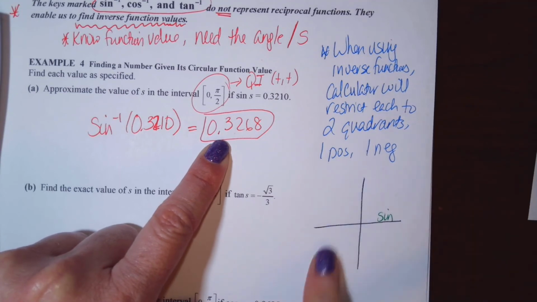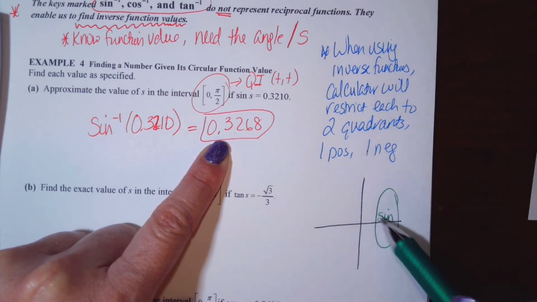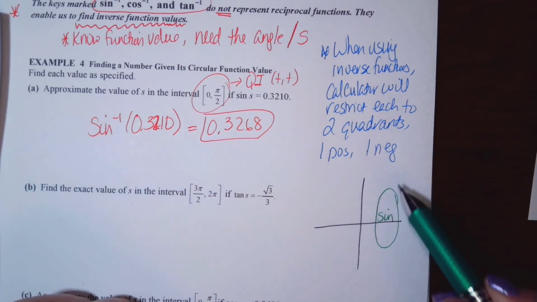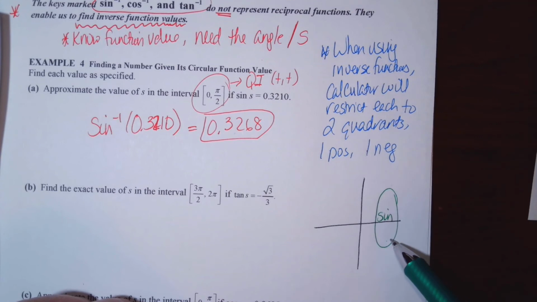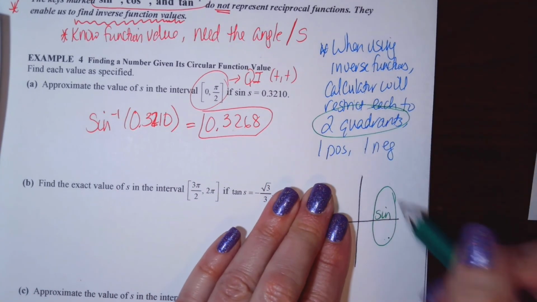Sine is negative in quadrants 3 and 4. If I plug in a negative value for sine, it's automatically going to give me an angle, or an s value that's going to terminate in quadrant 4. Sine is positive in quadrant 1, negative in quadrant 4. That's the restriction for my 2 quadrants for sine.